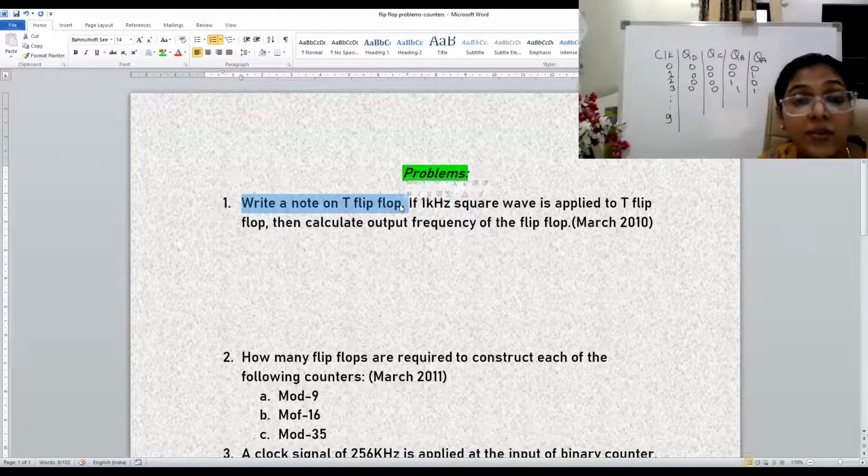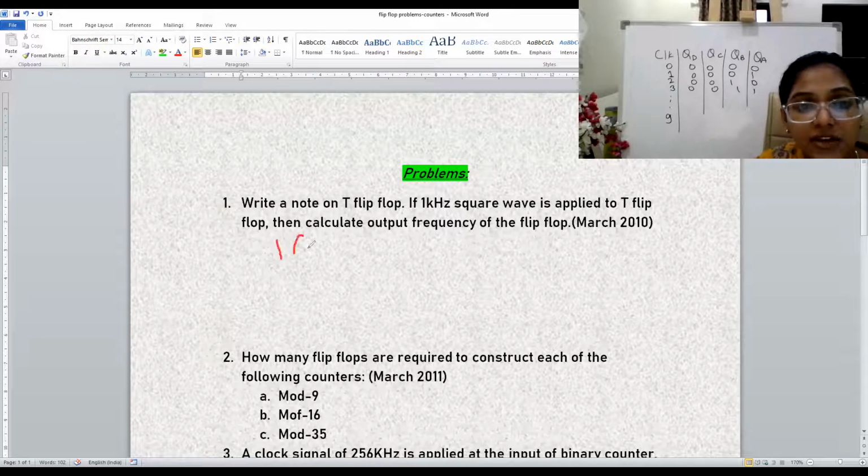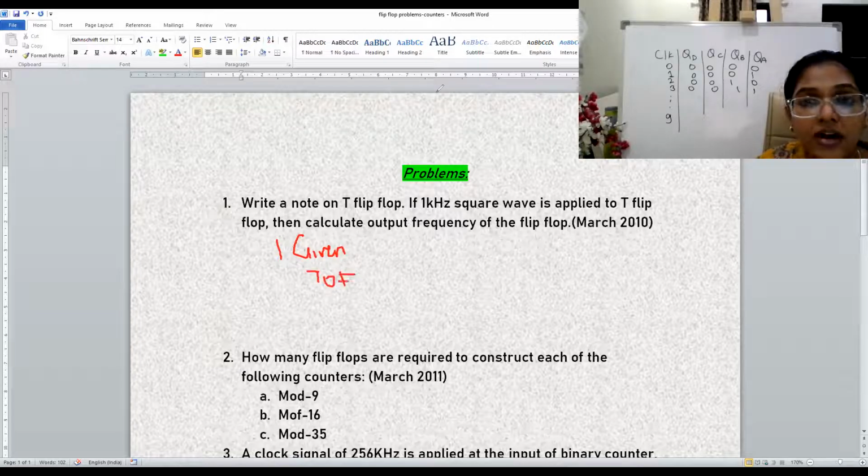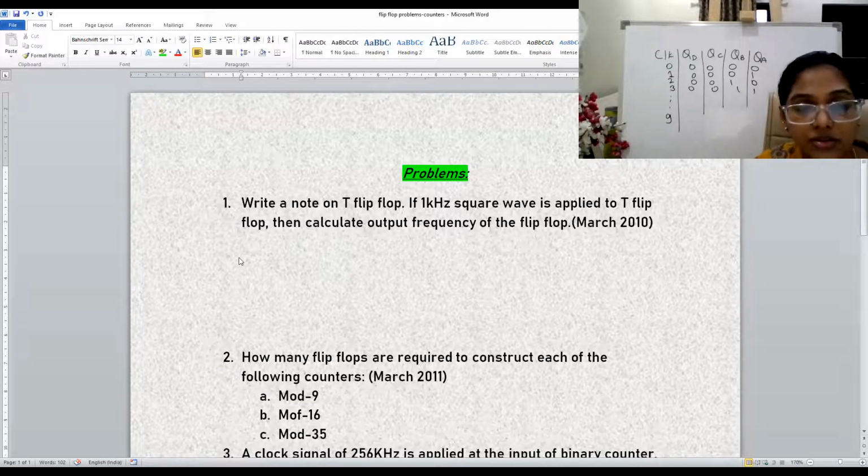Always remember that, and it is used in frequency division circuits. Okay, so if you will write everything given, आप given लिखोगे, the first point will be given, given के बाद आप लिखेंगे to find, आप लिखेंगे to find, then you will write solution, ठीक है.